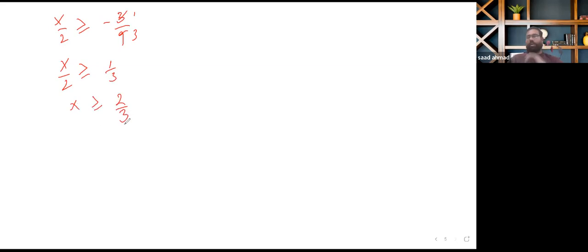Okay, so now if we see it on the number line, you draw the number line 0, 1, 2, 3. So we see that x is equal to, no, sorry, 2 over 3. So 2 over 3 is actually less than 1, right? So it's here. That will be 2 over 3.